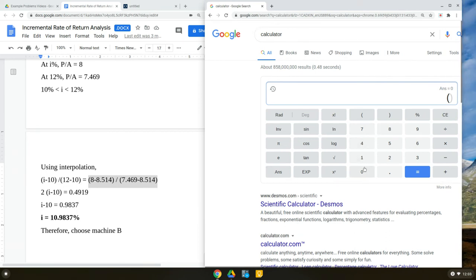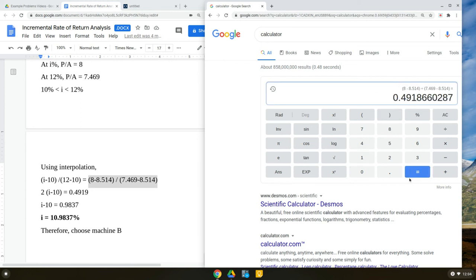Okay, so in the parentheses we have 8 minus 8.514, divided by parentheses 7.469 minus 8.514, and we close the parentheses, right?